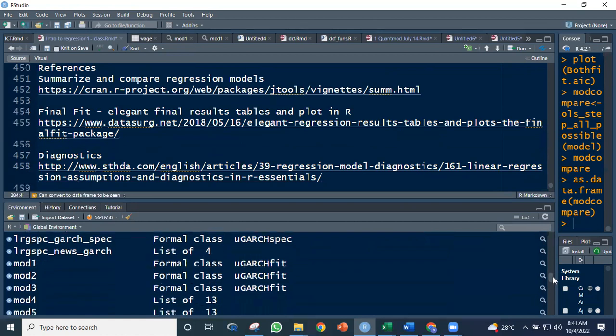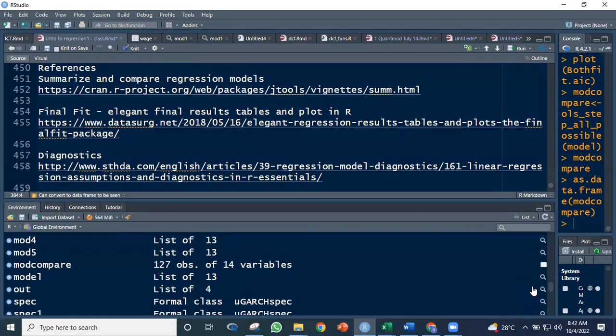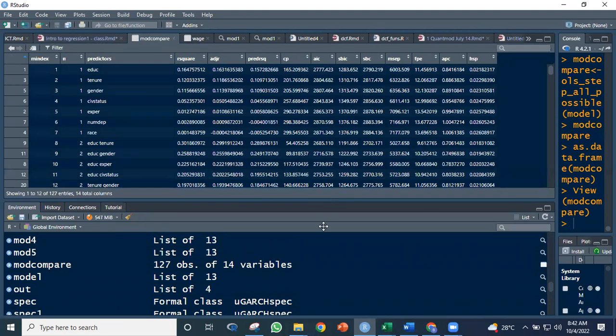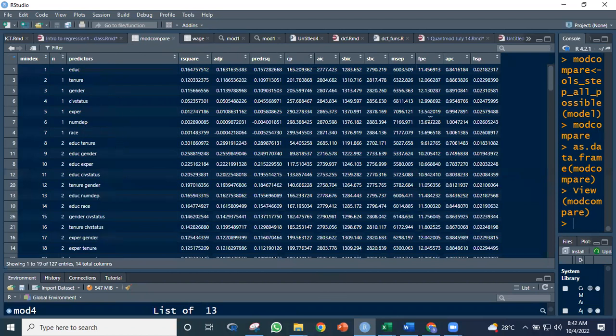So naging data frame na siya. Ito si mod compare, no? So let's have it printed as an Excel format. Okay. So convert natin as a data frame. So ito yung mga, these are the measures.